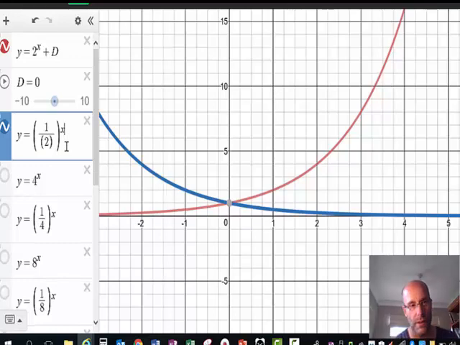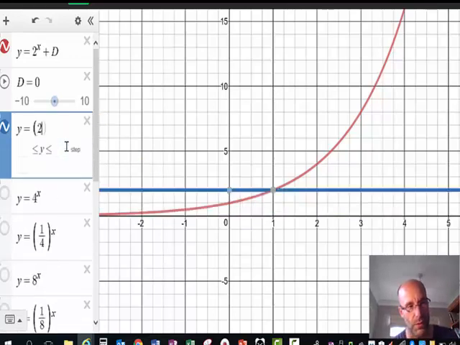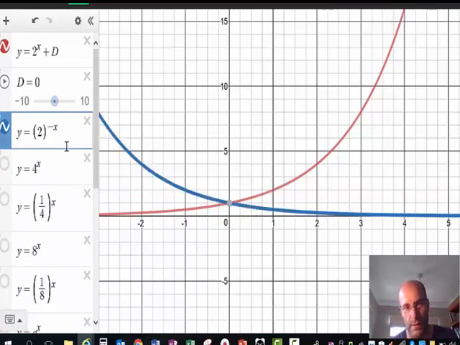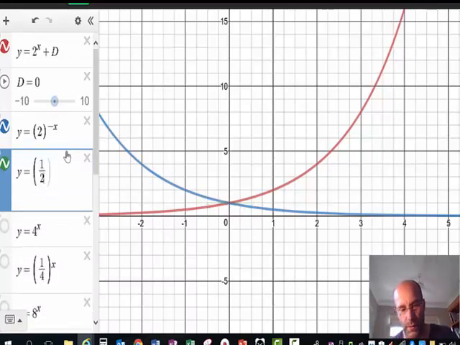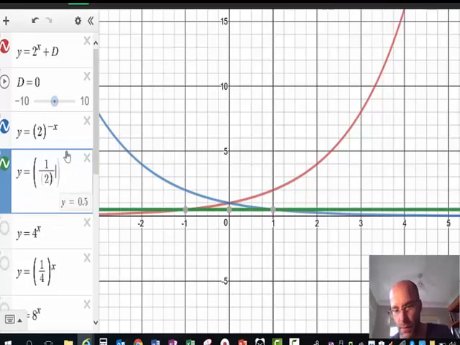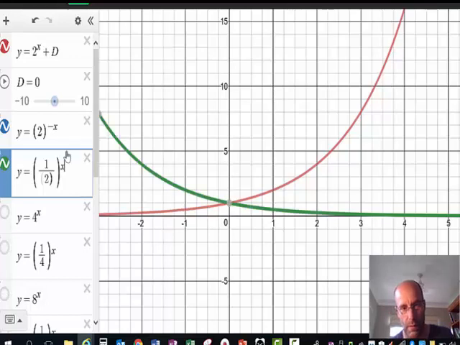If I replace that with what we had, y equals 1 over 2 to the x, it's the same function, isn't it? 2 to the negative x and a half to the x, essentially you're changing the base, due to your index laws. 2 to the negative x is a half to the x, because 2 to the negative 1 is a half.